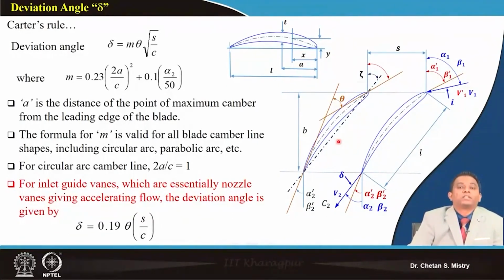So Carter has done a whole lot of experimentation on a cascade tunnel, and based on that experimentation he has come up with the equation for the calculation of deviation angle. It is older work, reported during the 50s, but even today people use this equation as a rough first estimation.